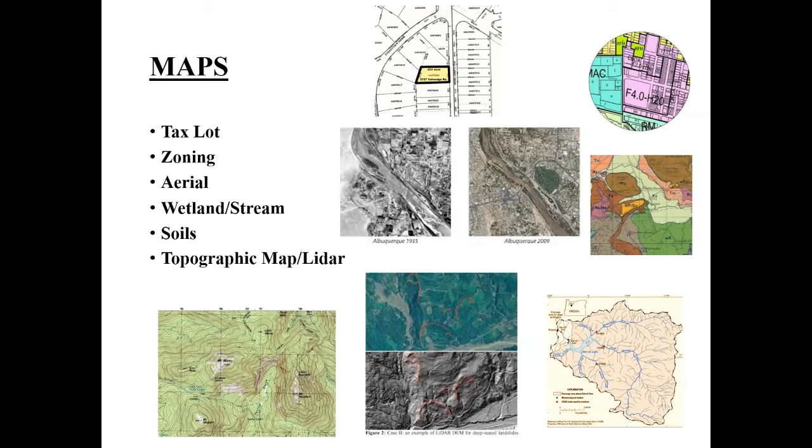Give us a call and we can get you a post-fire map because conditions have changed significantly. You could get a map like this one in the lower corner that shows you where the streams are, where the tributaries and the main stems are, and how it interacts with your property. Soils, again, there are great soil maps that tell you what types of soils you may have on your property. And then topographic and LiDAR maps.